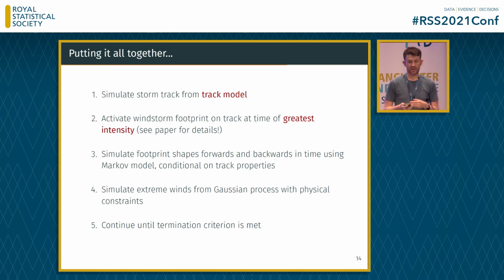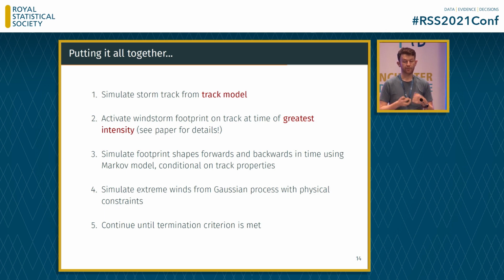So just to put this all together, and again, this gets quite technical in places, so I haven't included the finer details, which can be seen in the paper. First, we simulate a storm track from the track model. Based on the property of the track, we can then activate the windstorm footprint, and we usually try this at the time of greatest intensity on the track.